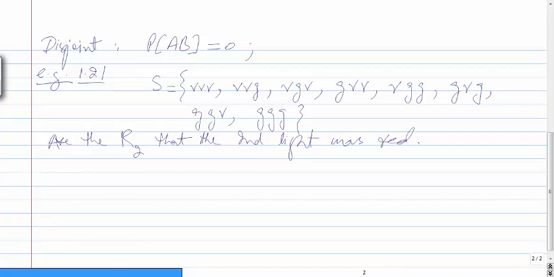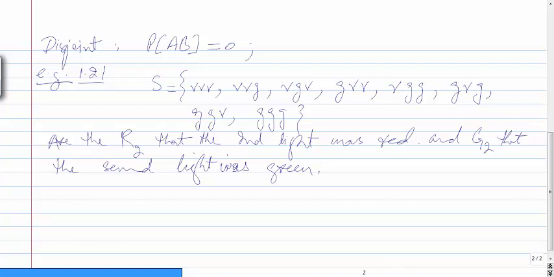So R2 means that the second light is red, and that is an event. And G2 means that the second light was green.